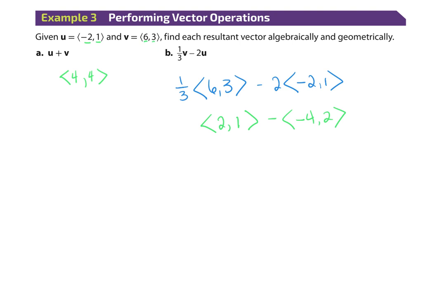All right. And again, you are adding the opposite. You don't have to change it to adding the opposite. Just make sure you pay attention to your positives and negatives. So 2 minus a negative 4. 1 minus 2. That is my resultant for that.